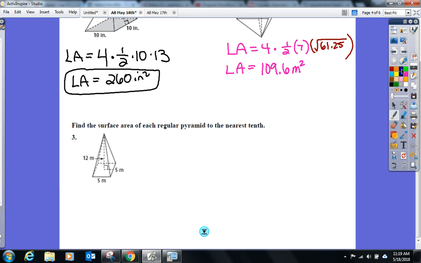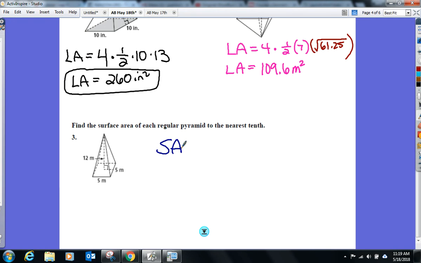Surface area. Cut it in half. Right? Cut it in half, yep.